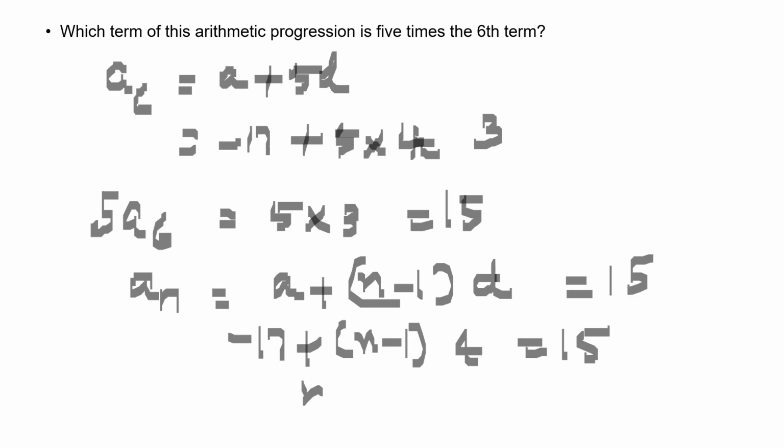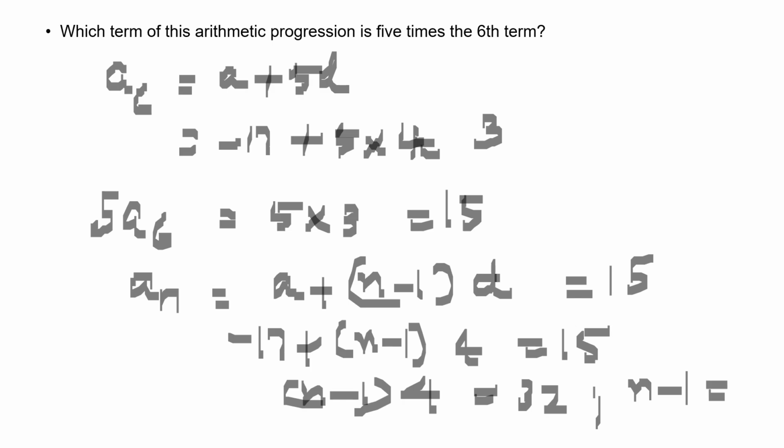So n minus 1 into 4 is equal to 15 plus 17. 15 plus 17 is 32. So n minus 1 equal to 32 by 4, which is 8. n equal to 8 plus 1, 9. So the 9th term of the AP is 5 times the 6th term.